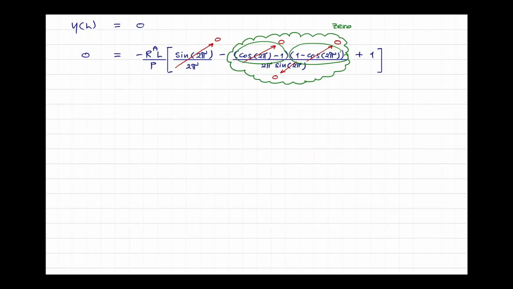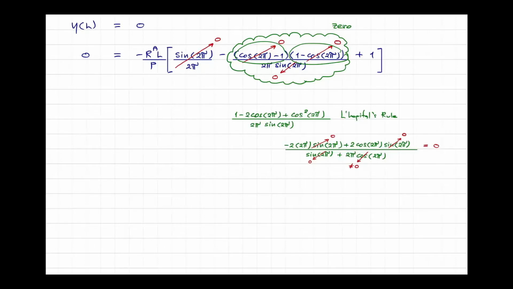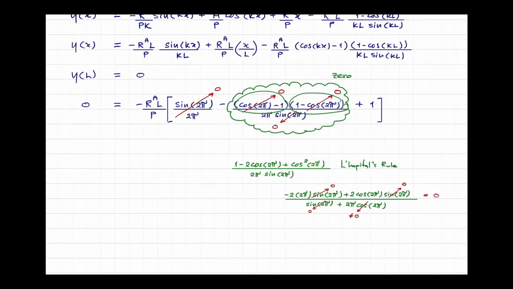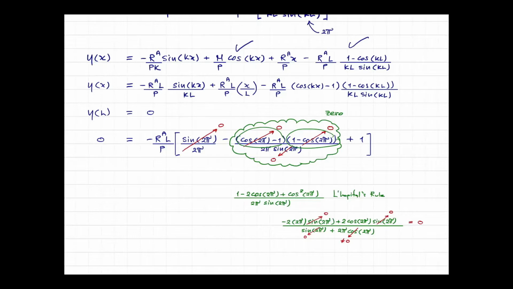Why do we use L'Hopital's rule? Because we have to consider the P also. And the P is equal to K square, right?